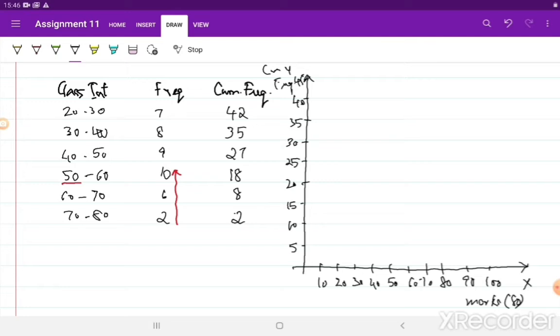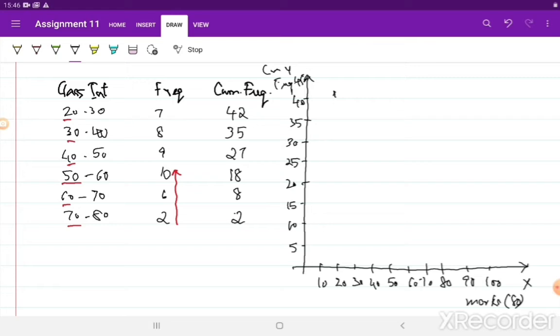So plotting, since this is the greater than ogive, you will plot each of these values against the lower limits. That is, the number of observations greater than 20 is 42, so against 20, the lower limit, I'll plot 42.